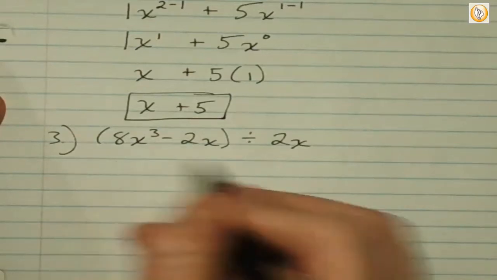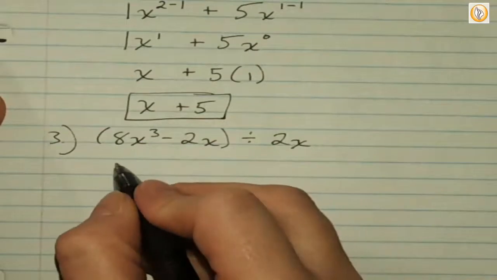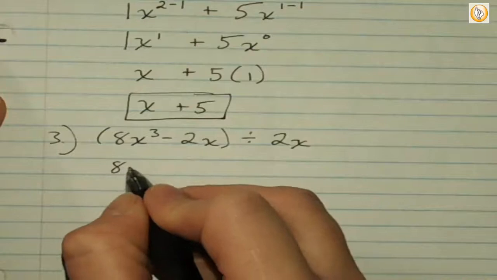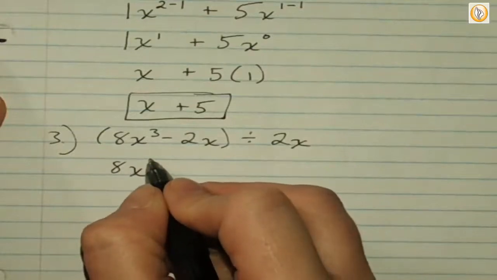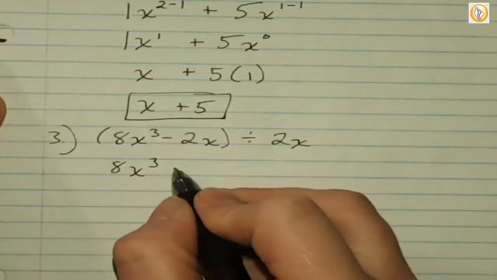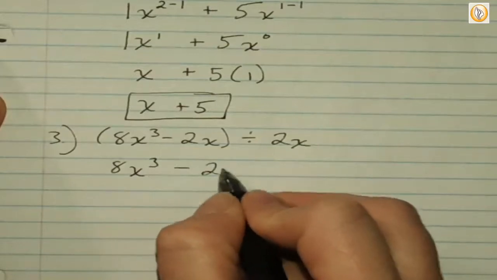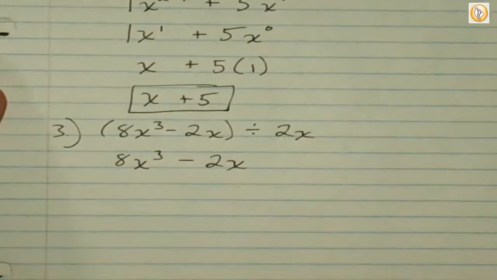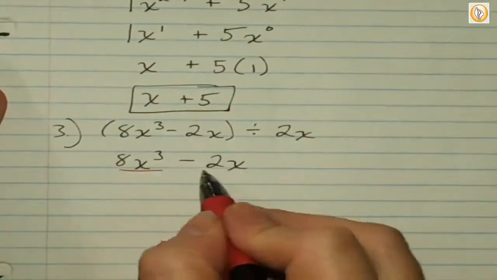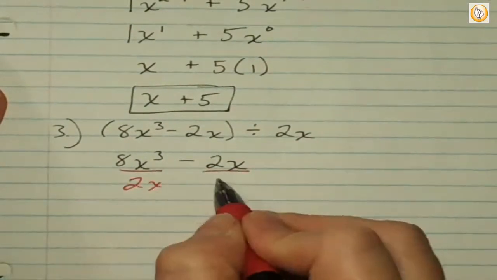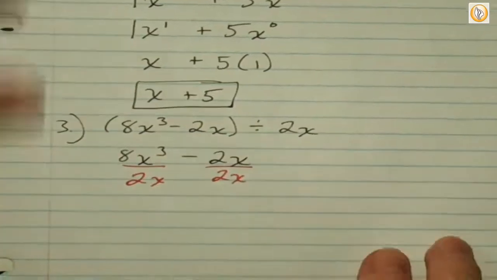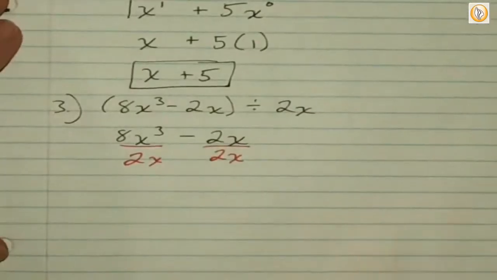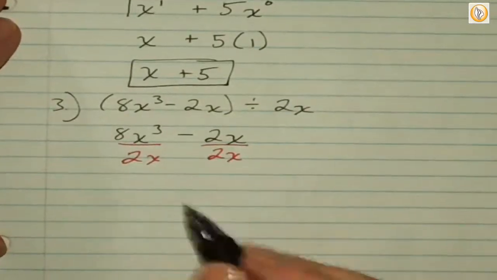So how do you want me to rewrite it? 8x cubed minus 2x, and both of them can be divided by 2x. Both of them being divided by 2x. All right, talk me through it after you write it down.